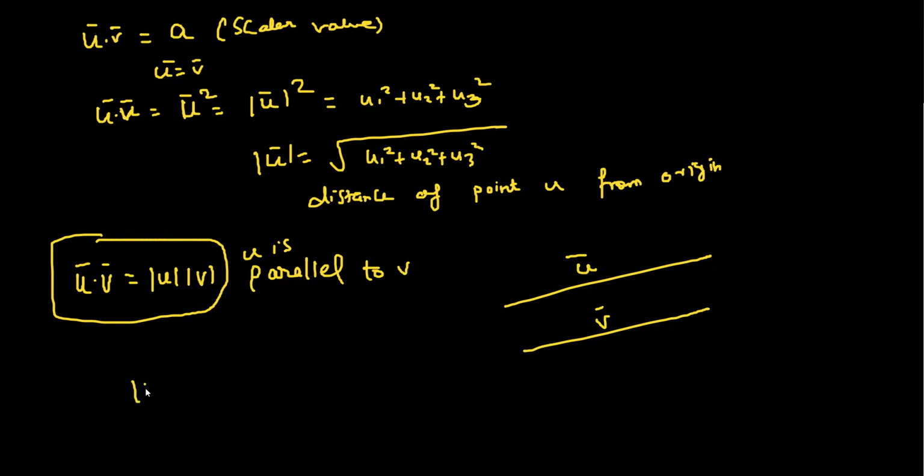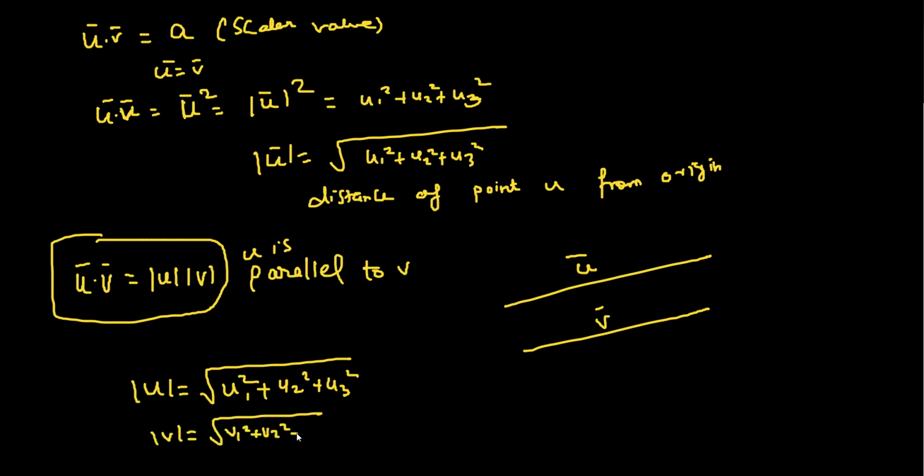If the multiplication of two vectors is equal to the absolute value, that is a point to be noted. One example I will show you.